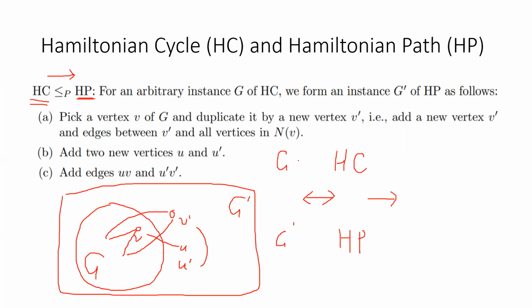If G has an HC, then G prime will have an HP. So if G has an HC, which means it's a cycle, and this is the node V, and we just need to suppose it connects to these two nodes.